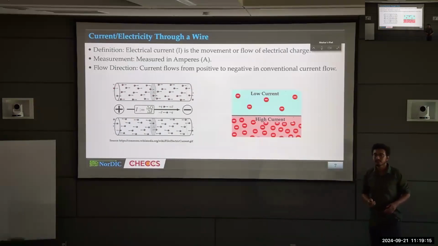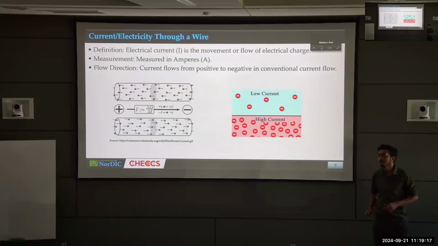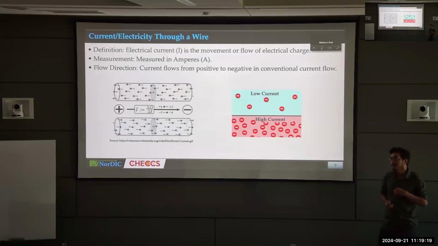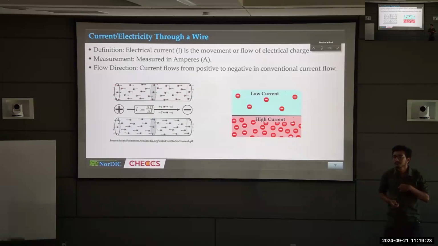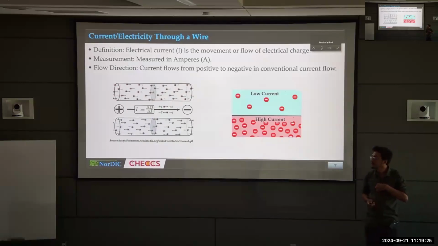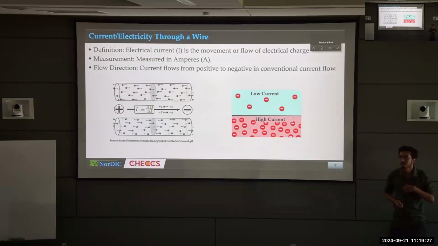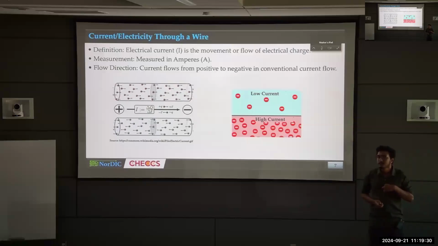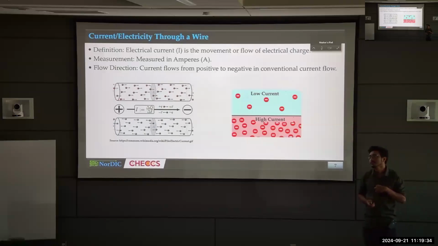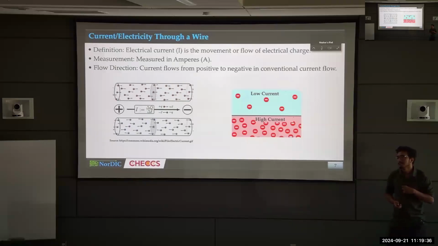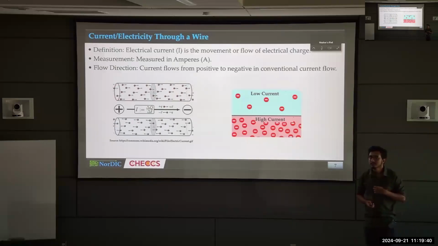I like the description of current as a flow of cars. Someone standing by the traffic is counting how many cars go through this cross section, and he will say how many cars per second. He will tell you if this is heavy traffic or low traffic, depending on how many cars per second.